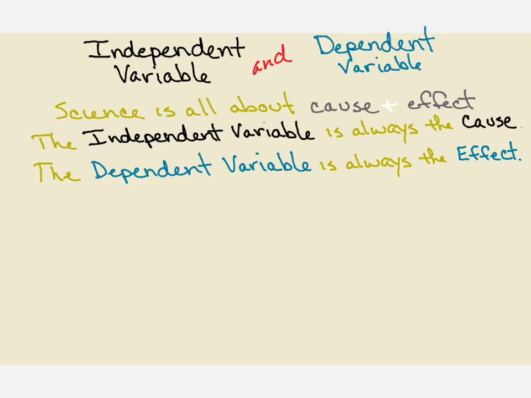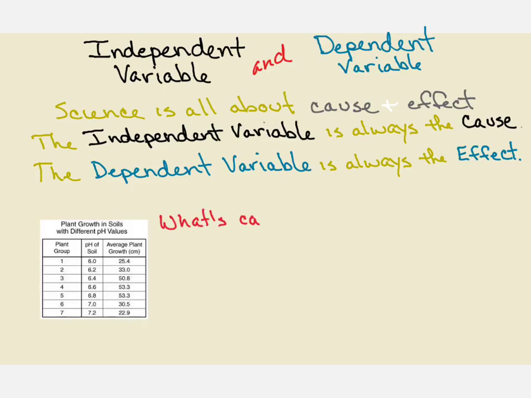Okay? So, if we have plant growth in soils with different pH values, right? What do we think is going to be causing the change here? Is pH going to cause change, or is plant growth going to cause change?